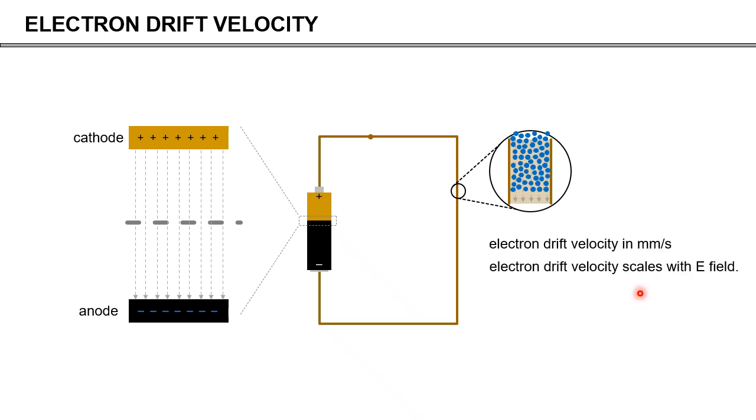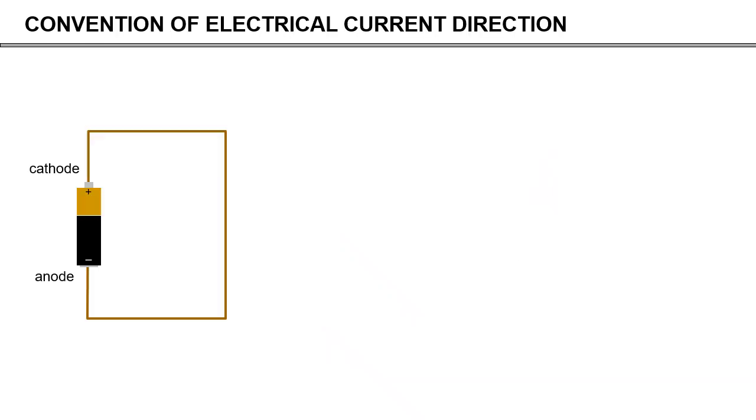Now, the electron drift velocity does scale with the electric field, so if your electric field is 10 times as strong, the drift velocity will be 10 times as fast, but still we're measuring things in like millimeters per second. So electrons that are here in the wire, they will most likely never make it all the way to the other side. They just don't move that fast.